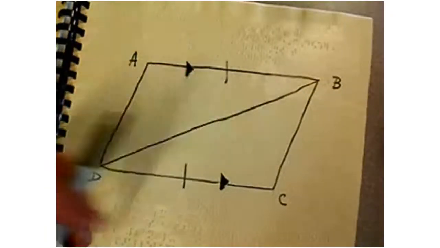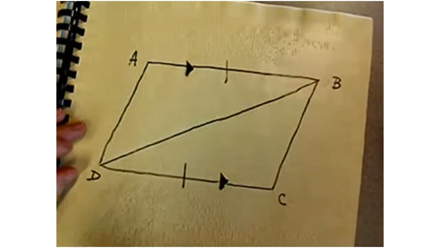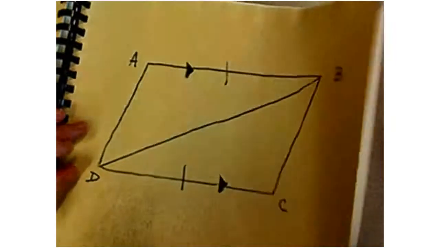You have to make it obvious to the reader that we're going to use this side twice because we want to show that triangles are going to be congruent to each other. So we're setting up a side angle side situation. So we have to say BD is congruent to BD, and we get to say that by a very simple property called the reflexive property.